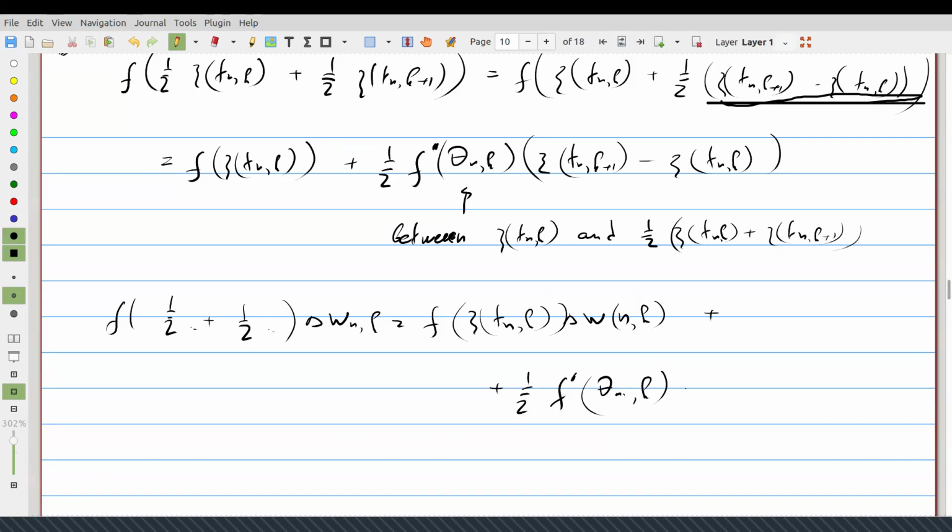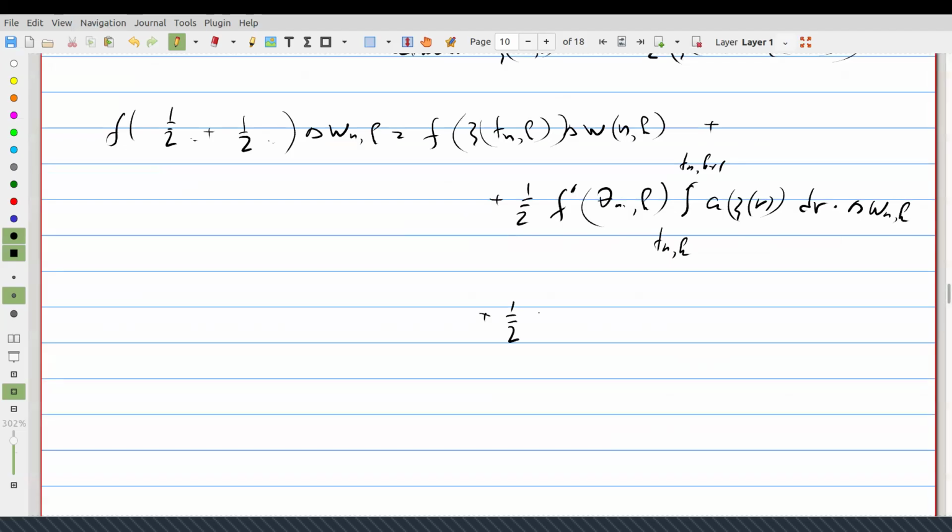And here I'm going to write integral from t n k plus a psi of r dr times delta w n k plus 1/2 f squared theta n k, f prime, t n k plus 1 sigma psi of r dwr n k.